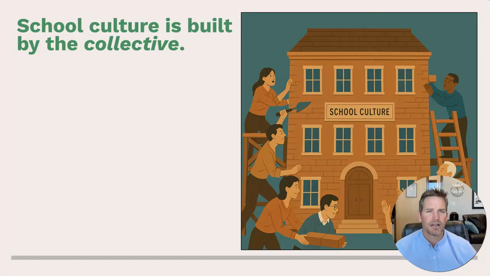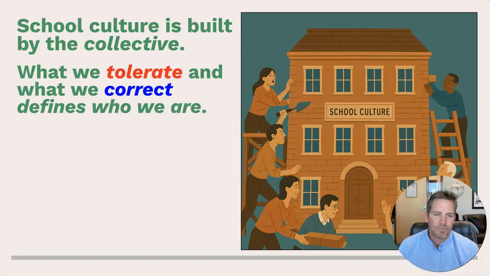When you think of the kind of school culture you want to have here at Excelsior, know that school culture is something that's built by the collective. Each of us plays a role in constructing the general atmosphere and vibe inside this building. It's built brick by brick with what we tolerate and what we correct and what we incentivize.